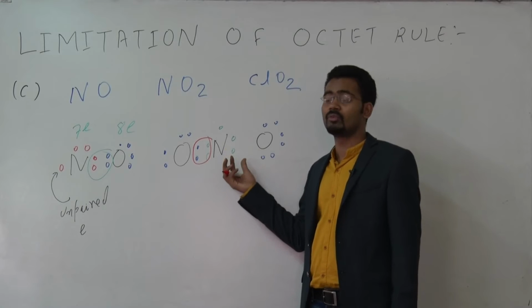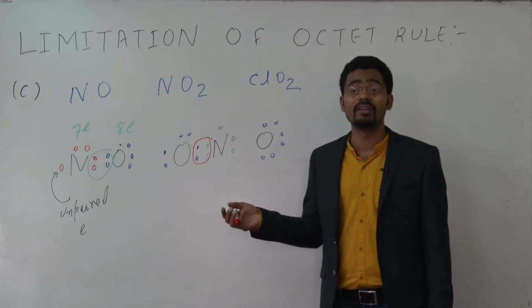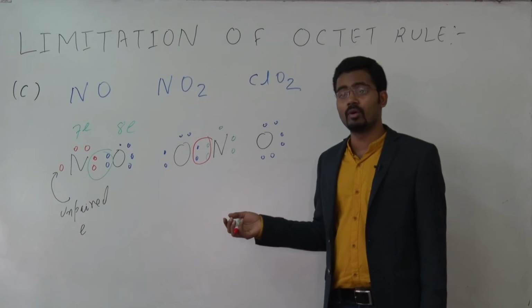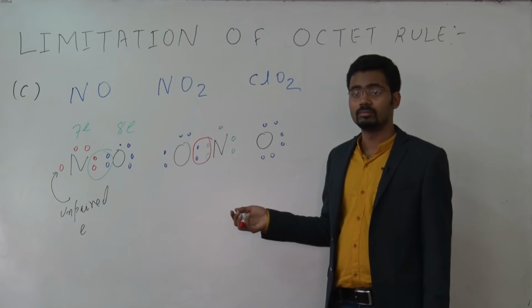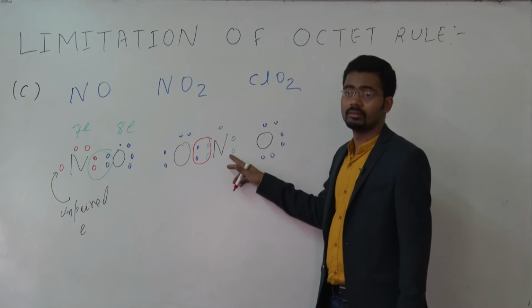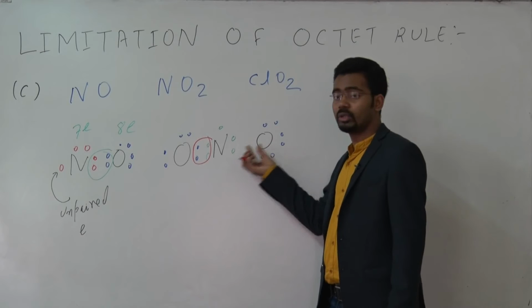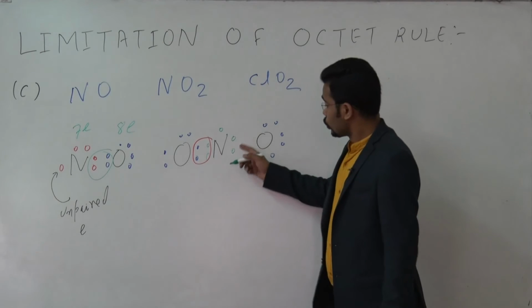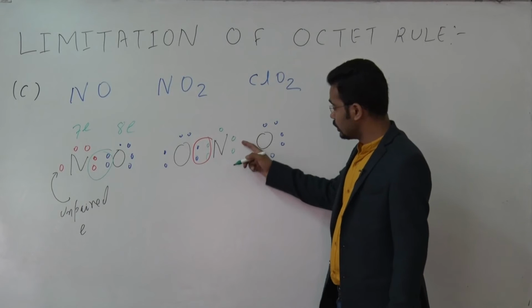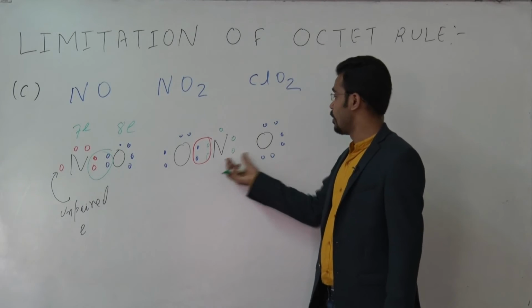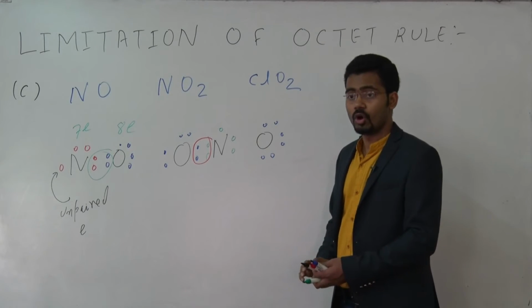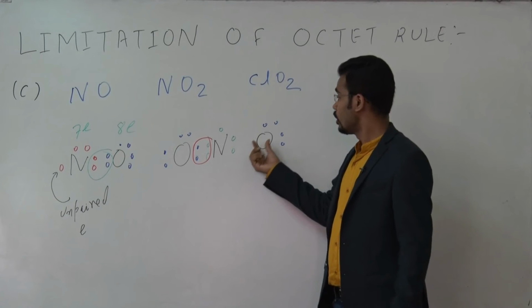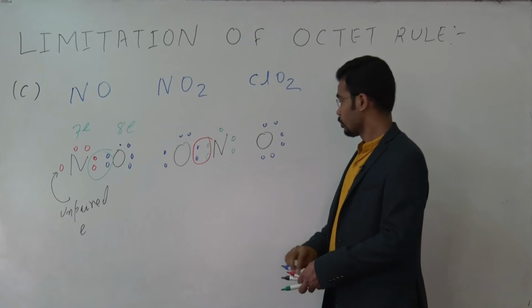So as we know, there is one special bond, that is the coordinate bond. What is a coordinate bond? This nitrogen donates its electrons to oxygen. So only these 2 electrons will be shared between nitrogen and oxygen. There is no electron from oxygen.